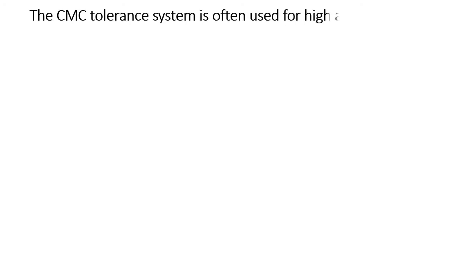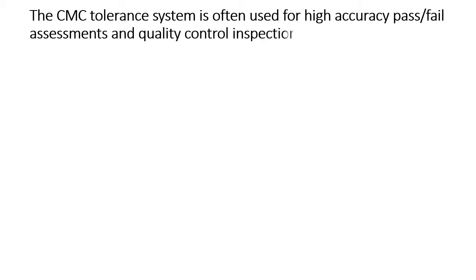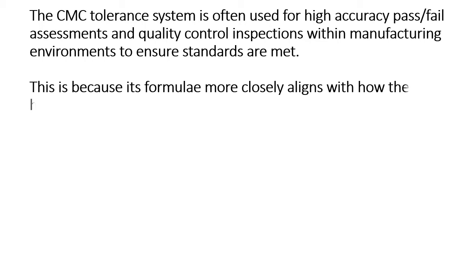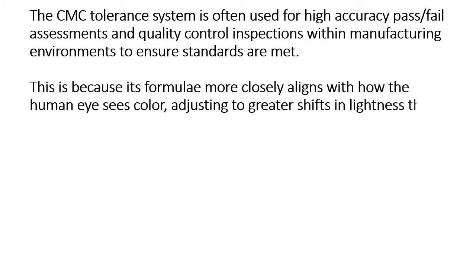The CMC tolerance system is often used for high-accuracy pass-fail assessments and quality control inspections within manufacturing environments to ensure standards are met. This is because its formulae more closely align with how the human eye sees color, adjusting to greater shifts in lightness than in chroma and hue.